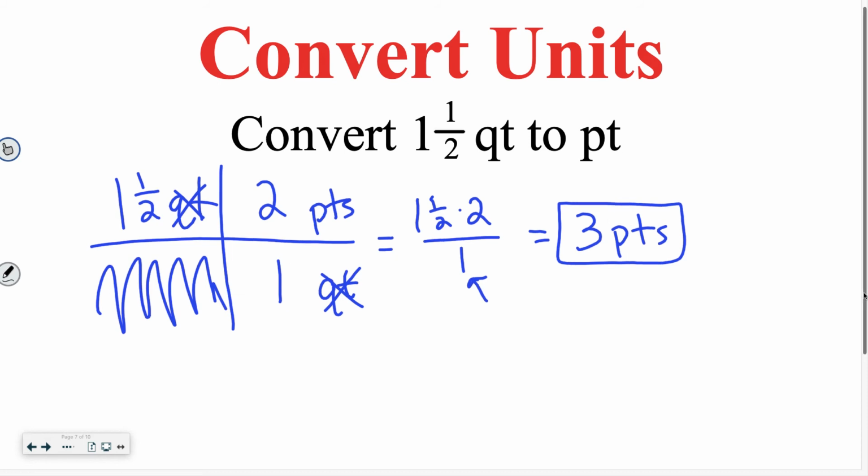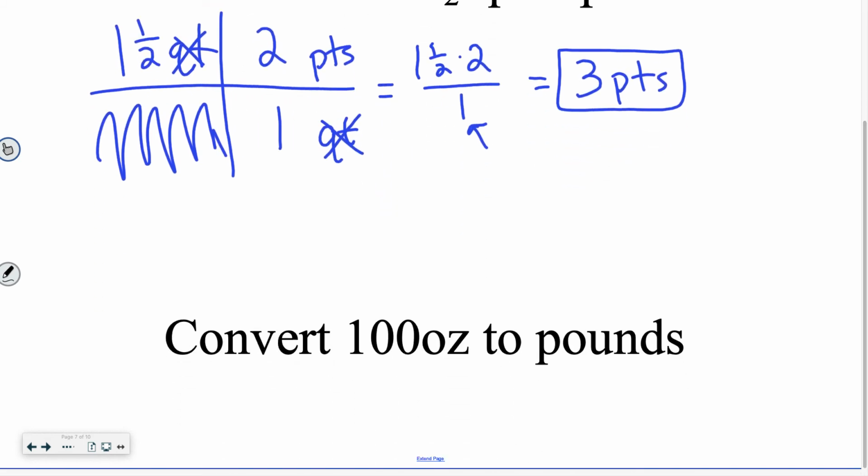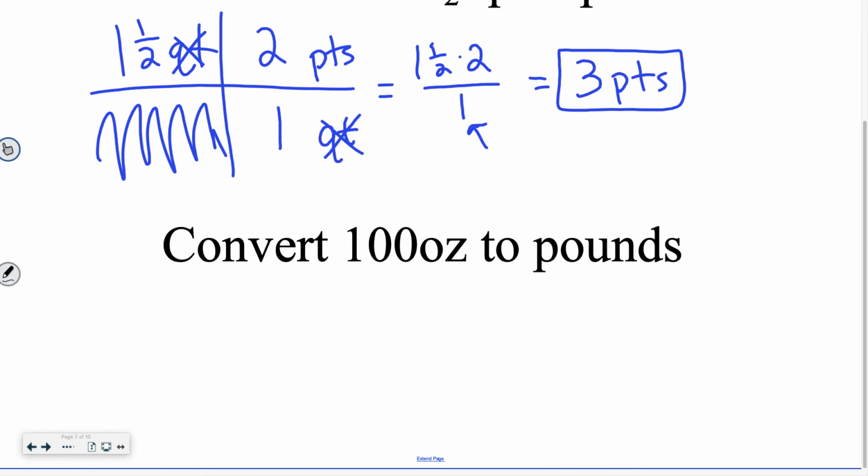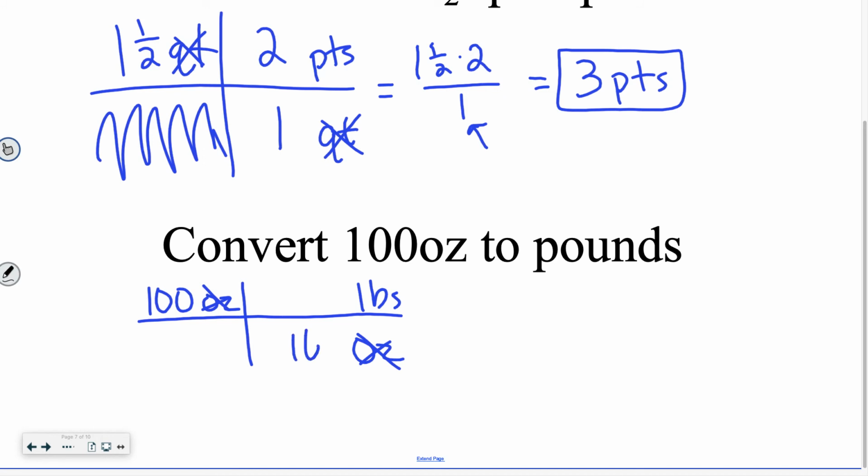Then if I scroll down, we have another one. What if I want to convert 100 ounces to pounds? So I put my ounces diagonal from each other, but how are ounces and pounds related? Well, I see that 16 ounces is 1 pound.